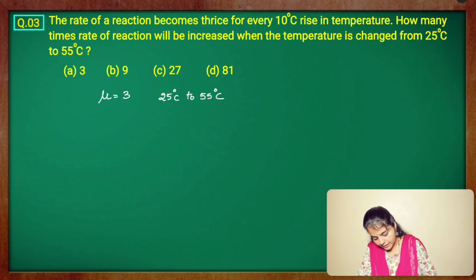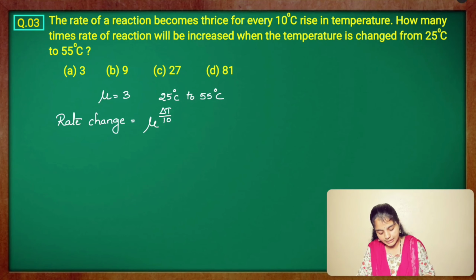So we are asked to find the rate change. I'll be directly using the second method. You can use either the first method or the second method. Rate change is equal to mu raised to delta T divided by 10. Mu is 3 now, raised to delta T, which is 55 minus 25, divided by 10. 55 minus 25 is 30, divided by 10.